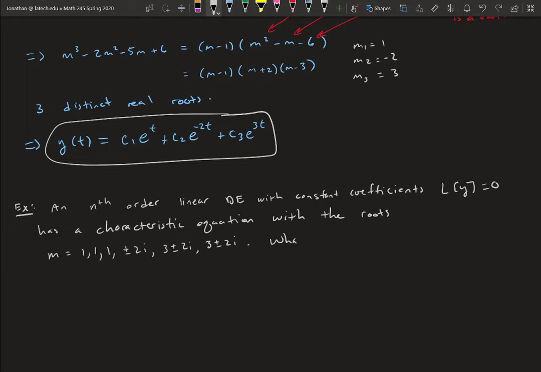What is the order of the differential equation and the general solution? So what is the order and the general solution of our differential equation?